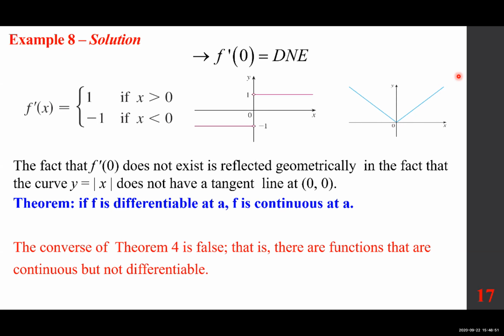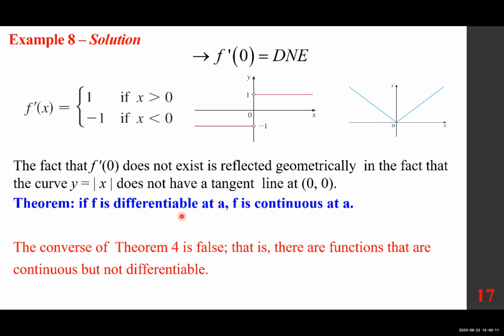So this one is a line segment, so the slope is the answer, m equals 1. This one, the slope is the answer, m equals negative 1. What about this guy? Sharp corner, not differentiable.